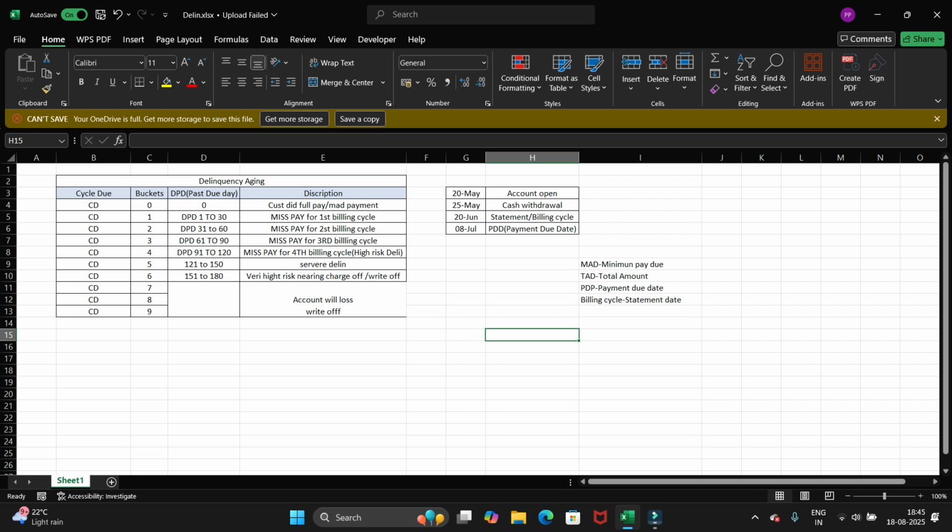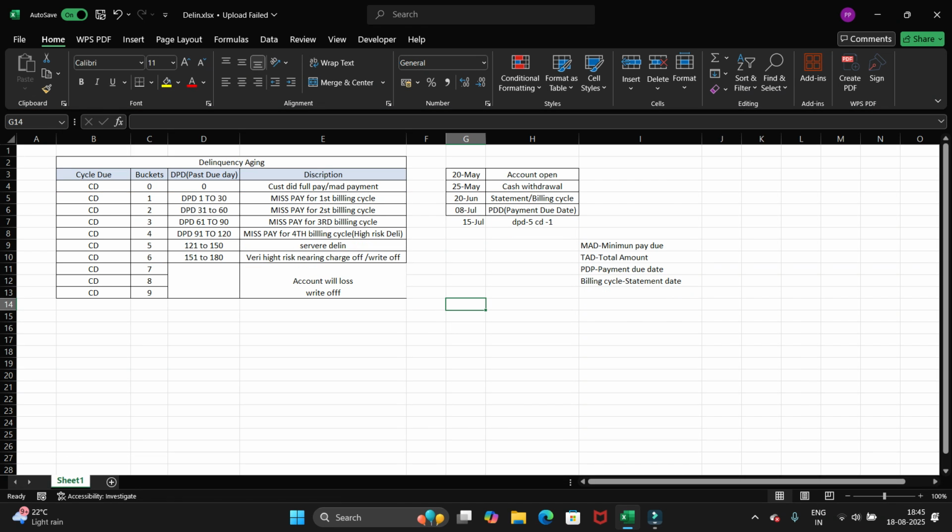So on 15th July, my account is in DPD 5. The DPD of this account will be 5 and CD will be marked as 1. So in this way, delinquency aging will be calculated.